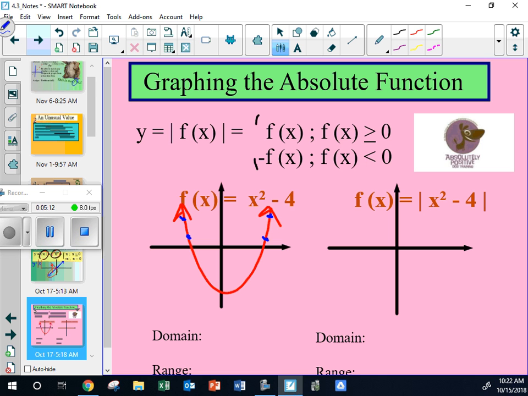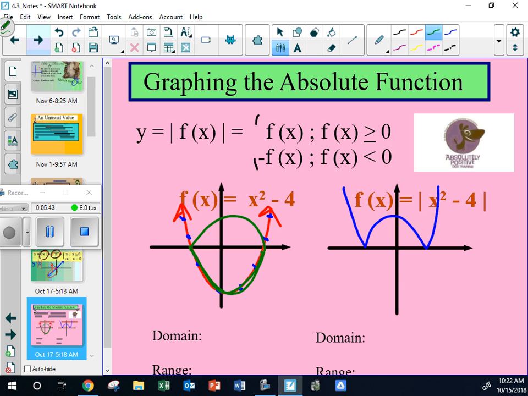But where the y values were negative, like down here, all of those spots, they had negative y values, it's going to flip up. So can you picture that it'll go down, and then instead of continuing to go down, it's going to flip back up. And there's the rest of it. Think of it this way. This part is where the y values are negative. That part flips up.